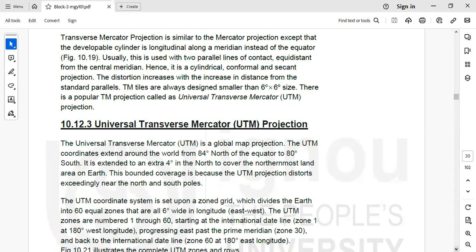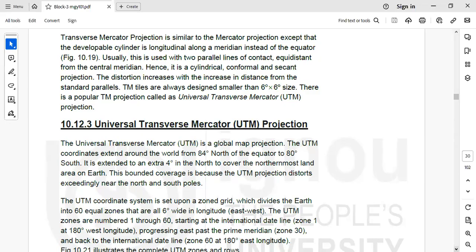So what is special in the universal transverse Mercator projection? Its importance is that it extends, or adds, 4° more in the northern hemisphere, from 80° to 84°.